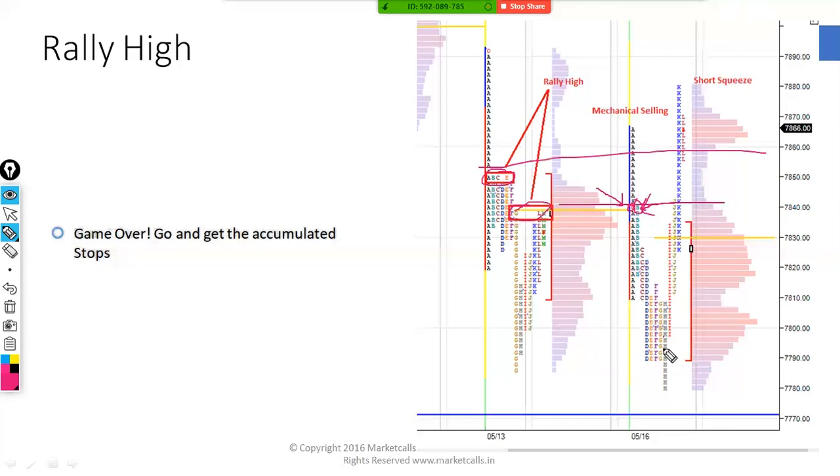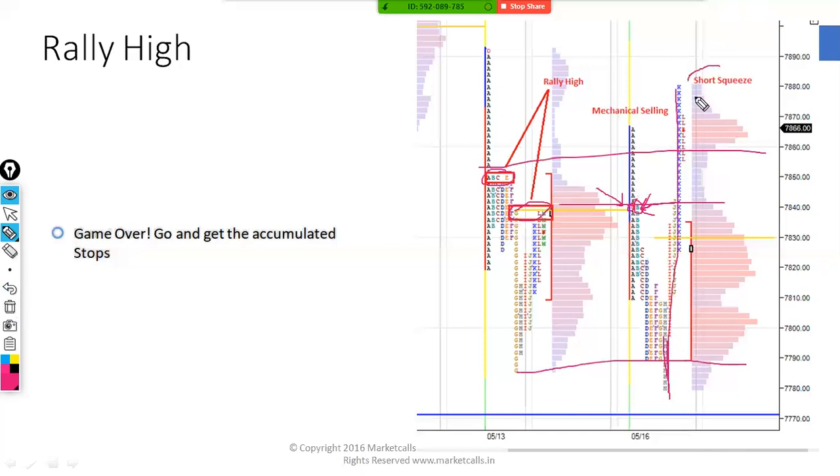When they try to break the day low and get back into the range, that is a quick conclusion that this day is not going to be one of the best zones to look for a long setup, because it's not good selling at all. If it was good selling, they would have gone straight down. Instead, they got back into the range, they got to the point of control, and now what they're doing is stop hunting.